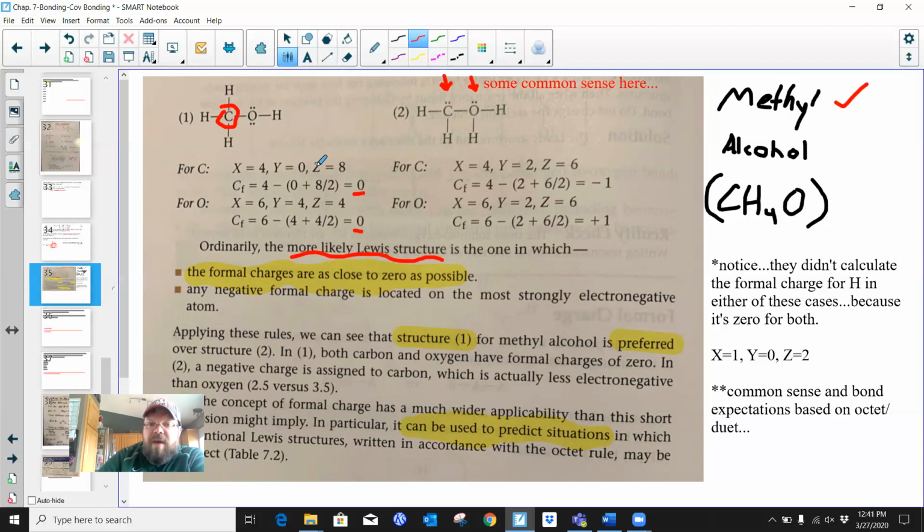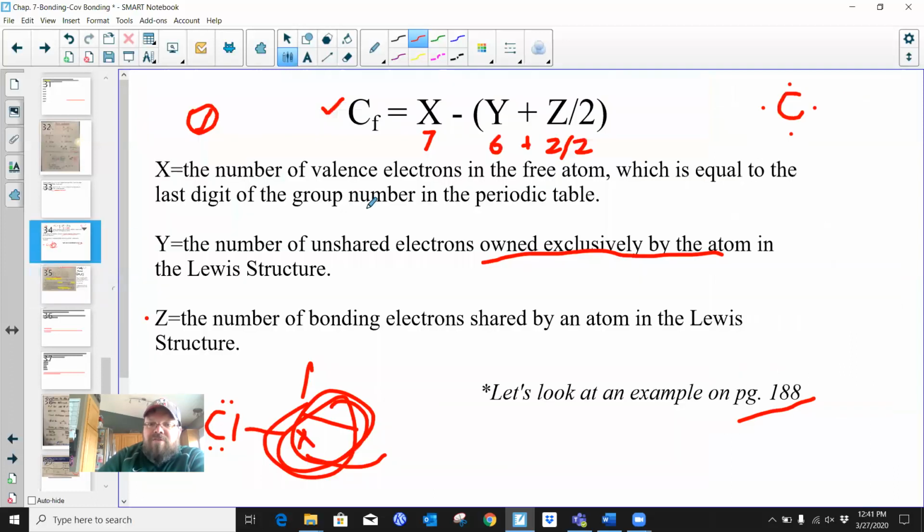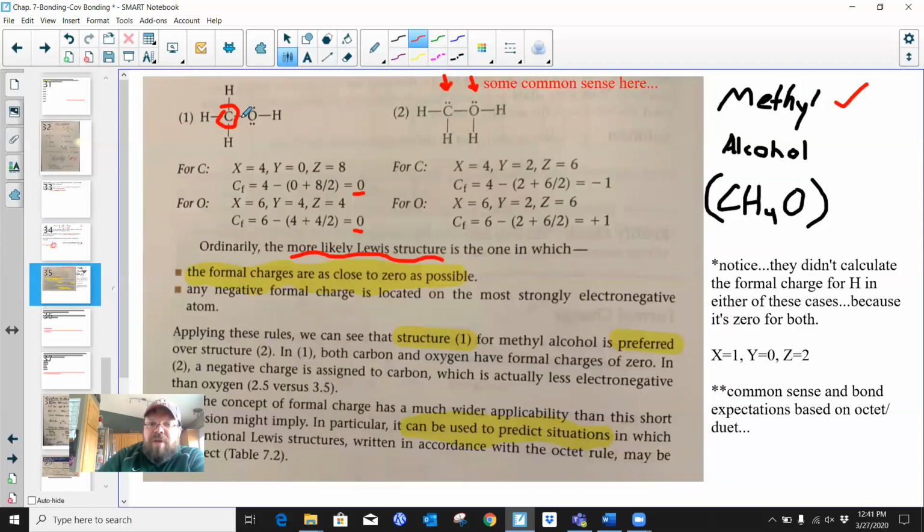And then the Z value is the number of bonded electrons shared by the atom in the Lewis structure. So it's got a total of 2, 4, 6, 8. So X is 4, Y is 0, Z is 8. 8 divided by 2 is 4. 0 plus 4 is 4. 4 minus 4 is 0.